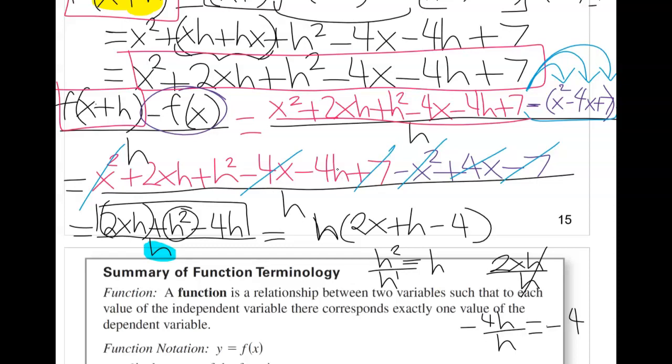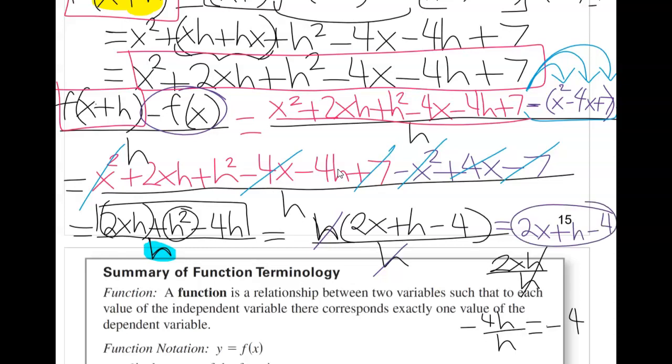And the whole purpose of factoring is, of course, to cancel it. So now that we have h as a factor on top and bottom, we could cancel them out because they divide to equal 1. So then the final answer is going to be 2x plus h minus 4. And that is the answer to the difference quotient.